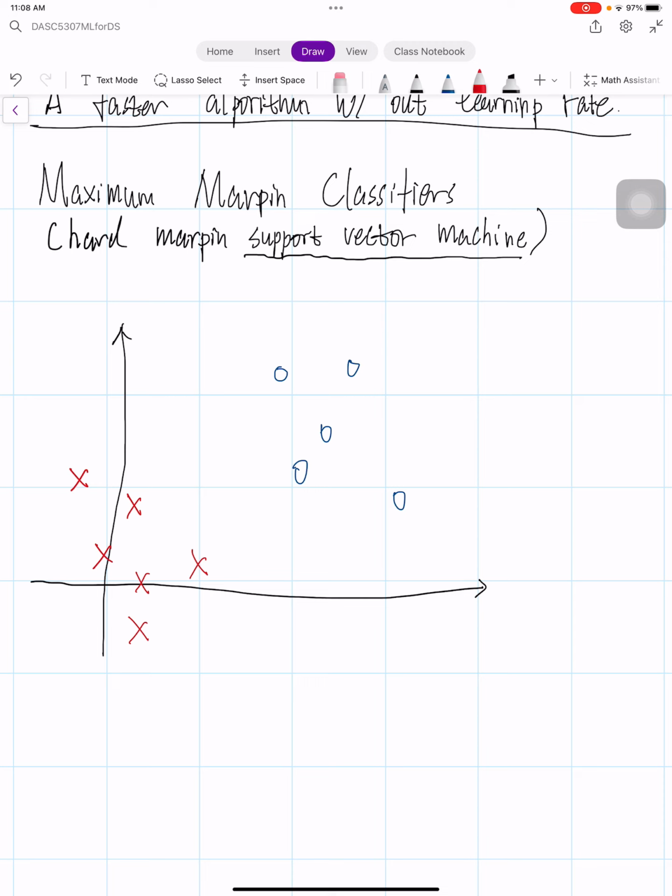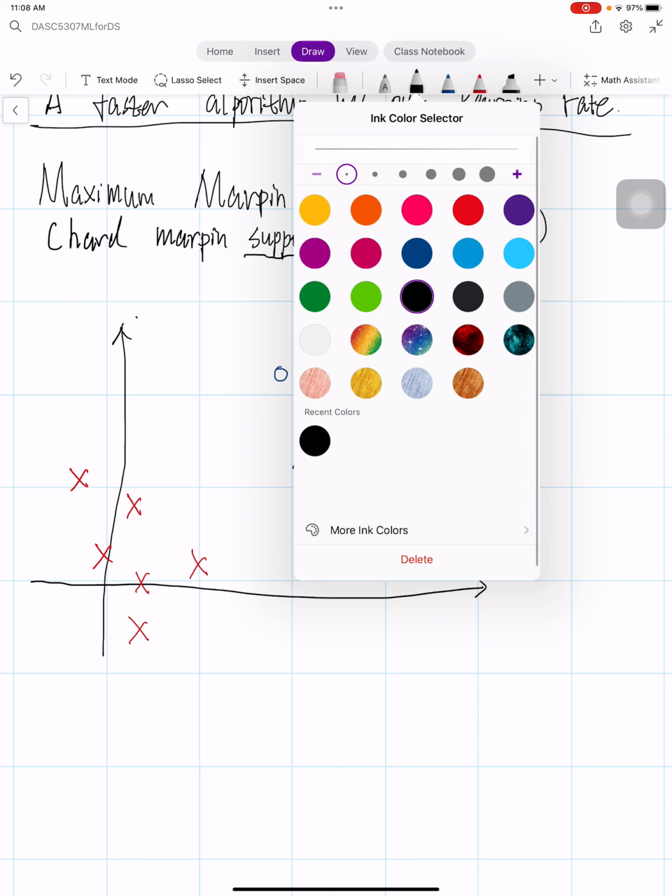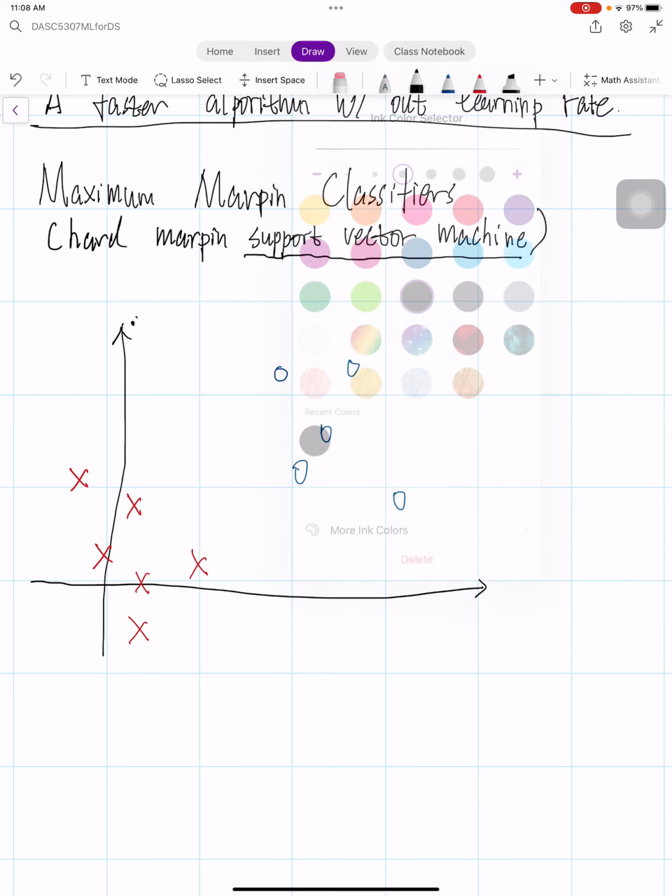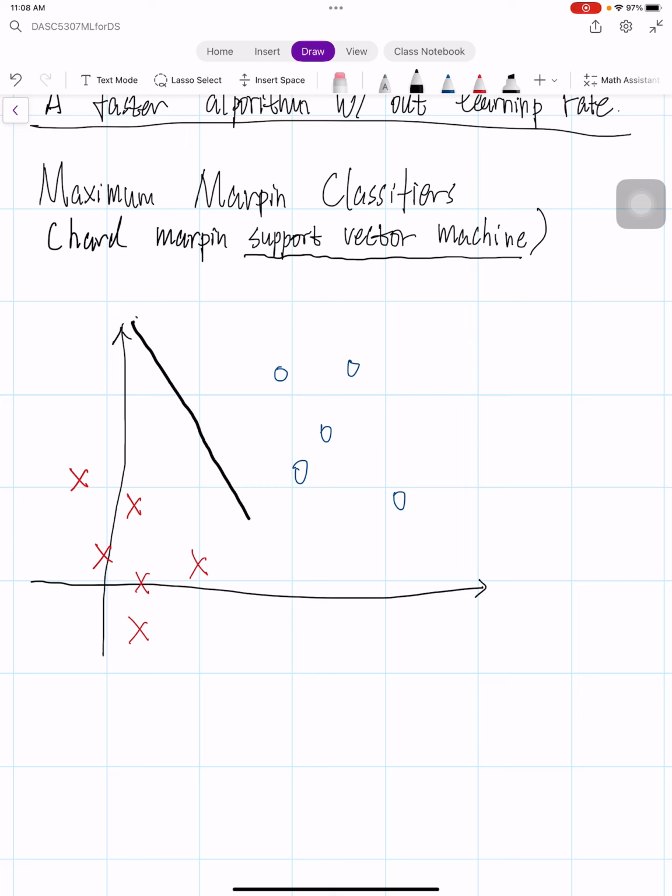And by applying the perceptron algorithm, we can find a classifier, right? Suppose we apply the algorithm we introduced, and we find the linear decision boundary.